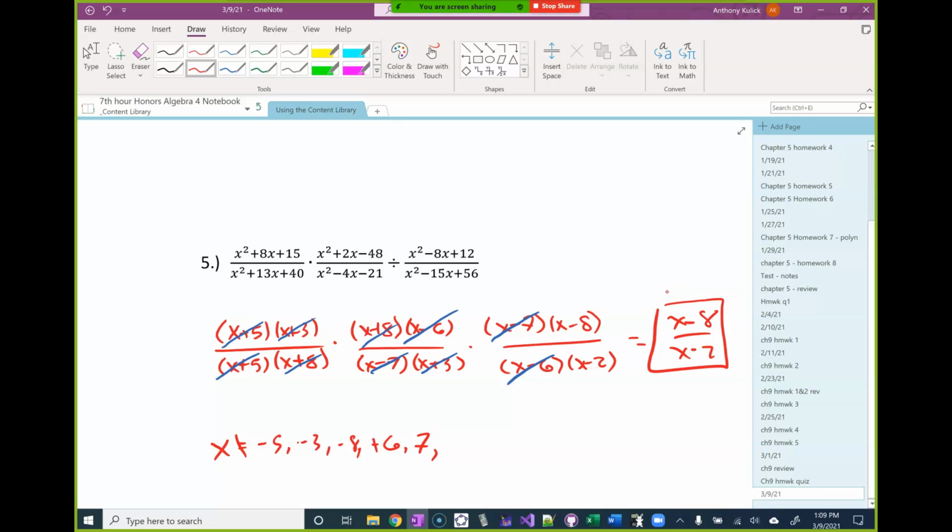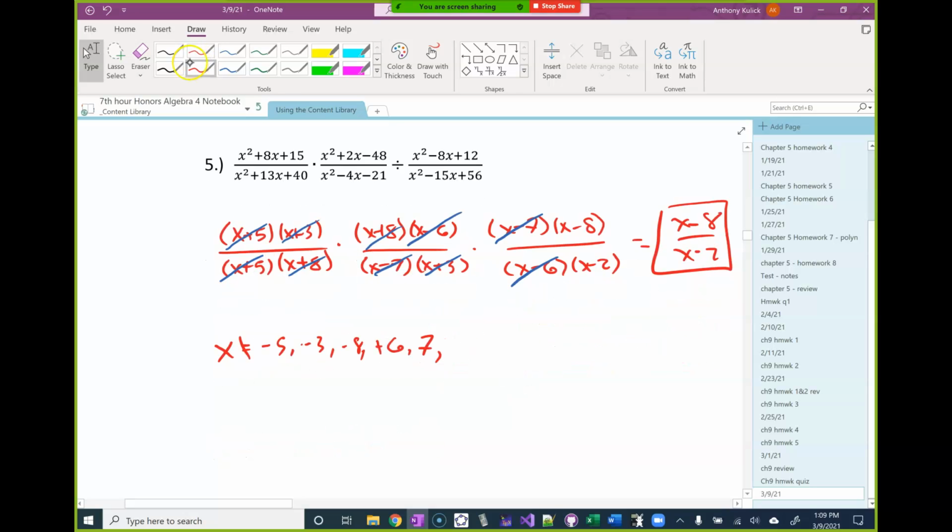So again, more often than not, with the division, like the x minus 7 or the x minus 6, anything you cross out from something that's being divided really counts as a restriction. So like, let's just say we had something kind of trivial like x plus 3 over 1 divided by x plus 3 over 1.